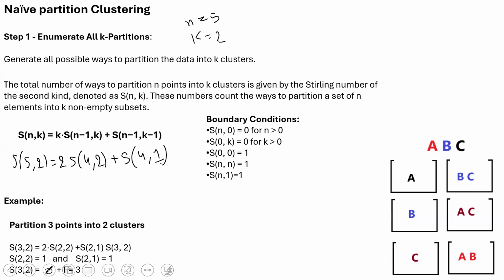So just replace k and n values here: k is equal to 2, n is equal to 5, 5 minus 1 is 4, and 2 minus 1 is 1. Now we got this. We don't have any matching boundary condition for S of 4 comma 2, but we can replace S of 4 comma 1, which is S of n comma 1, so this is 1. Now the final equation is 2 into S of 4 comma 2 plus 1.